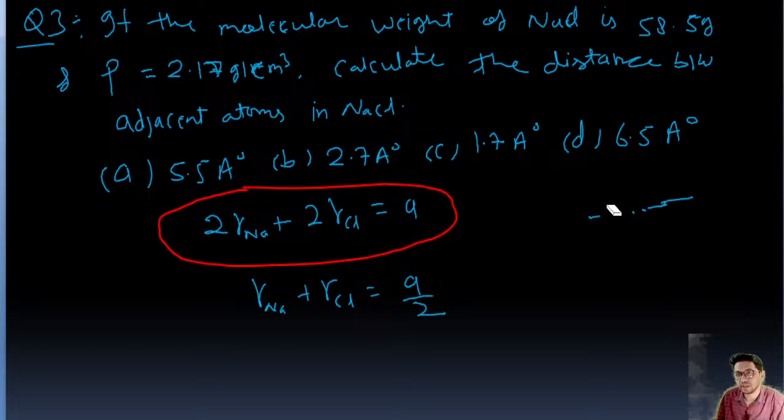This is the distance between two adjacent NaCl atoms, r_Na plus r_Cl. These are touching, center to center distance. Now we have to find the value of a. We'll put the value of a in equation 1 and we'll get the adjacent distance between two atoms.